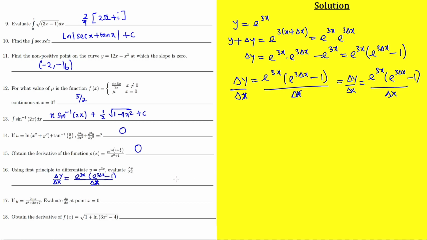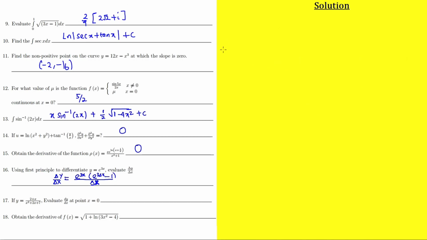Now question 17, we are asked to find, given that y is 2 plus x over x squared plus 2x plus 7. Let me rub this off before we solve question 17. So we are asked to find dy/dx at x equals 0.